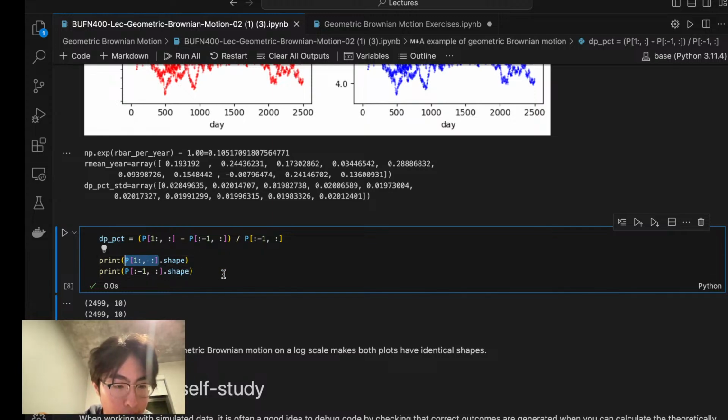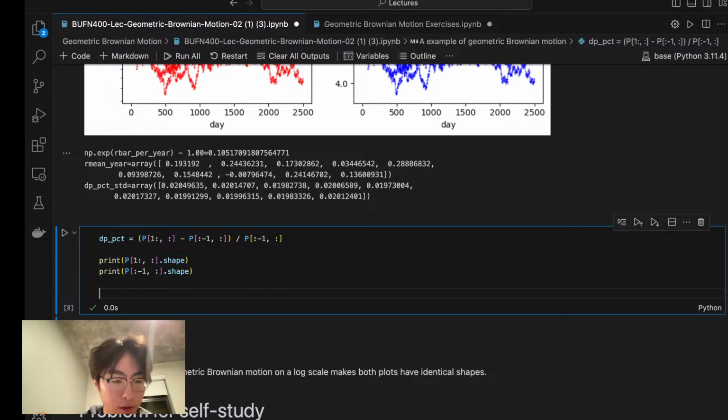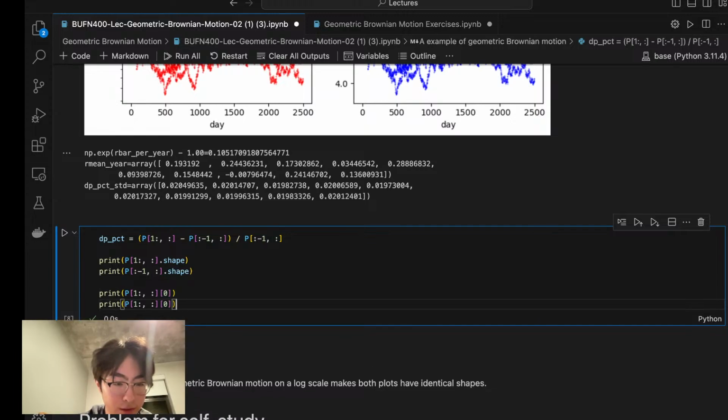What would the first... Okay, so what is the first element in this? And what's the first element in this list? Or I guess you could call it this, I think it's an ND array, right? So it'll be 0.